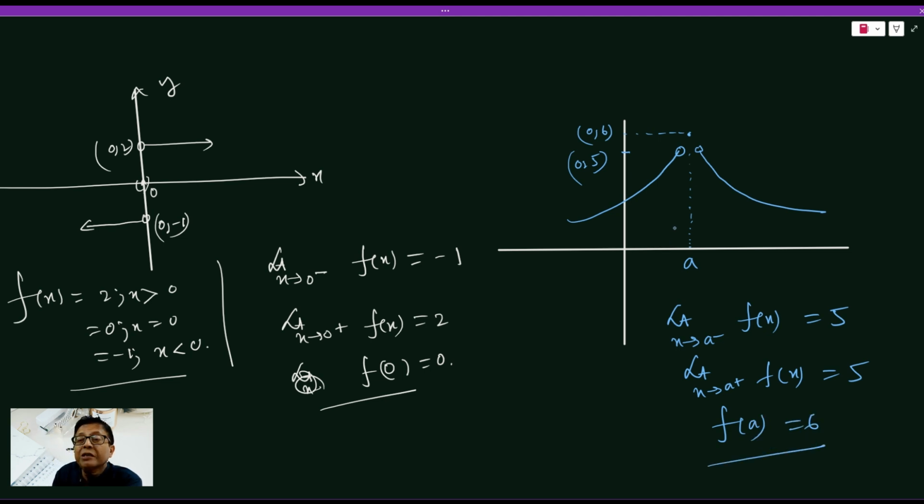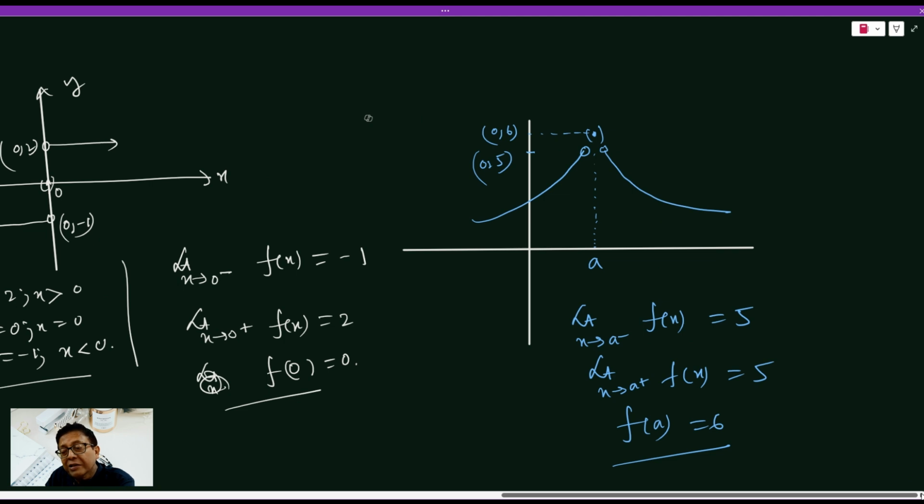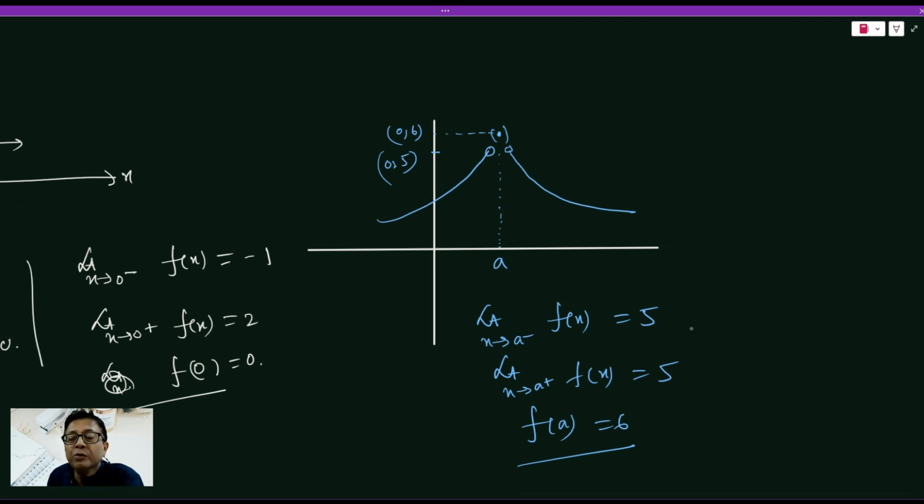Are you able to draw the graph of the function here by using a pen or pencil without lifting your pencil? No. And from the definition of limit, the limit is existing at this point x equal to a, but the limiting value is not equal to the functional value.